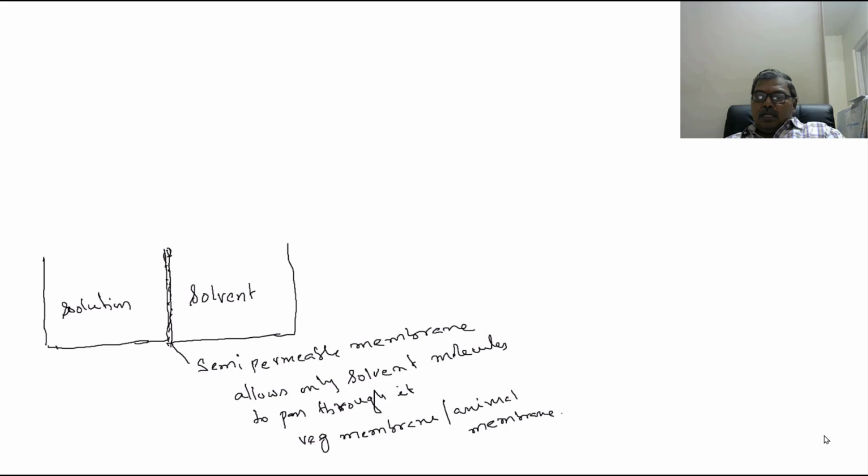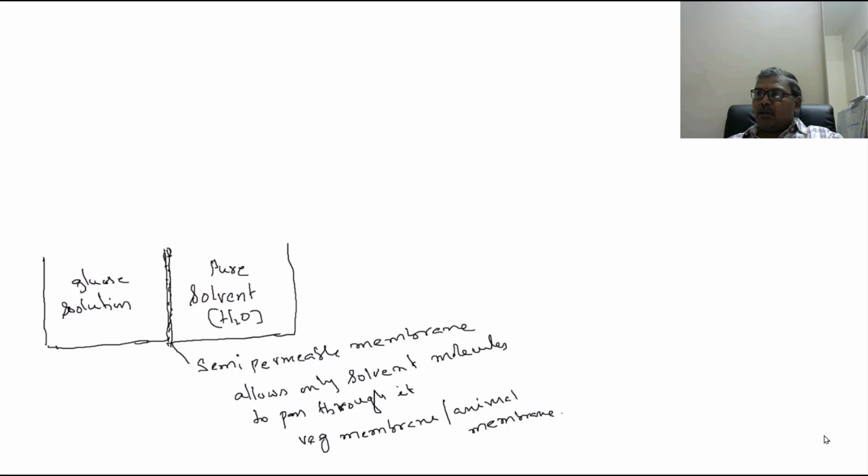Now, this is a pure solvent, and this is its solution. Say the pure solvent is water and this is an aqueous solution of glucose, right? Only solvent molecules can diffuse through the semi-permeable membrane.